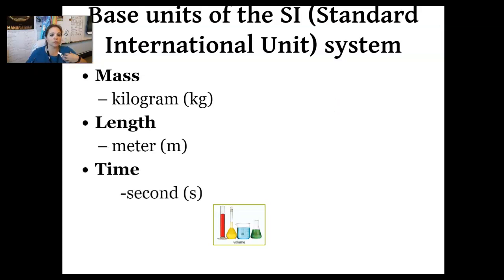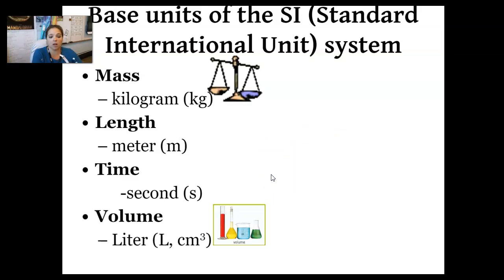So when you say the base unit for mass, you're going to see kilograms. When you see length, you're going to see meters. Time is going to be in seconds. And then you have volume, usually in liters. You're going to see a lot of milliliters, or it could be centimeters cubed.